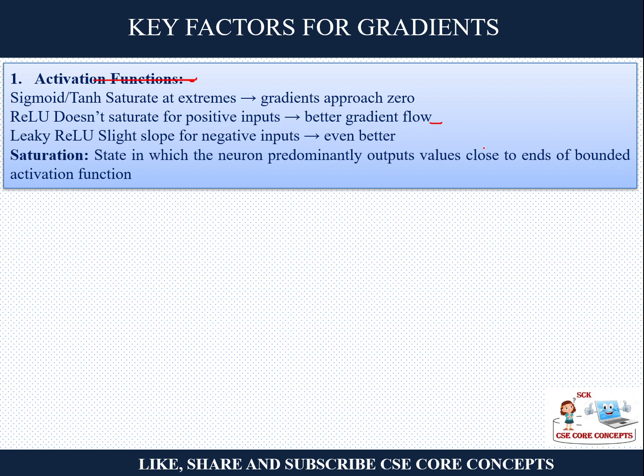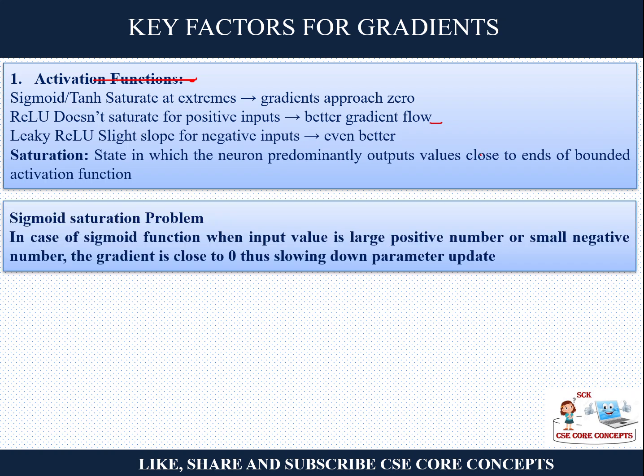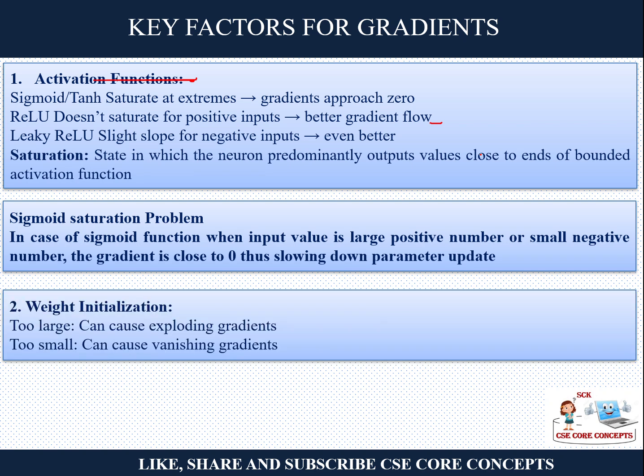So when outputs go closer to the bounds of the activation function, that is called saturation. The sigmoid saturation problem is that when the input is a large positive number, a very high value, or a very small negative number, the gradient is close to zero, thus slowing down the parameter update, right? This happens majorly with the sigmoid function.